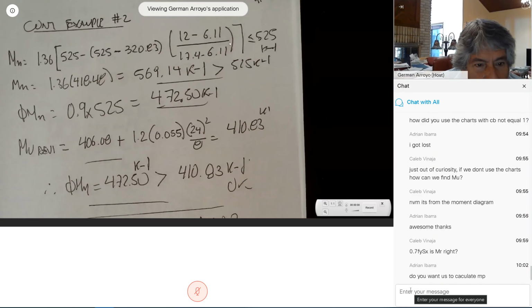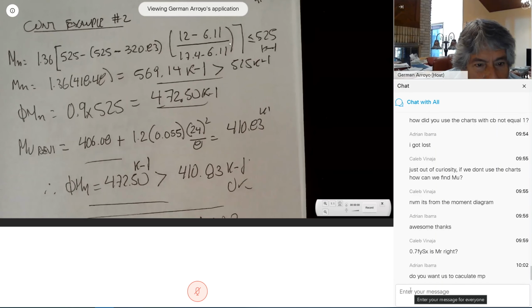In the M sub U revised, is the equation in the code? So, look, this was given to us, 444, everything.